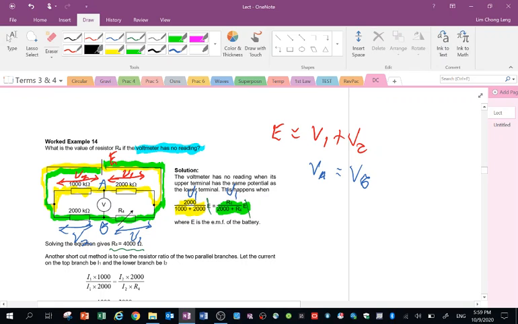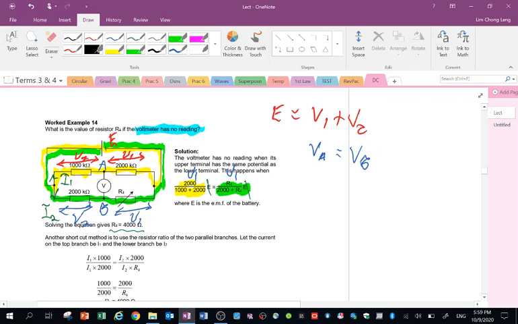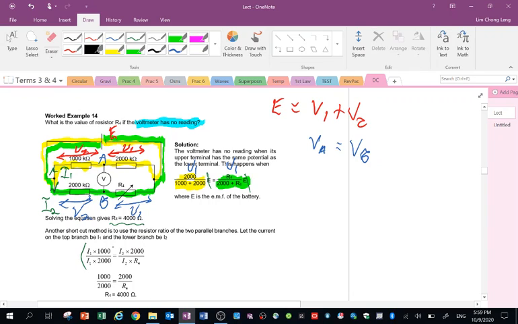Okay, there's an alternative way. An alternative way is to consider current that goes through each branch. Suppose the current going through the upper branch is I1, and current through the lower branch is I2. You will notice that this ratio is V2 divided by V2.